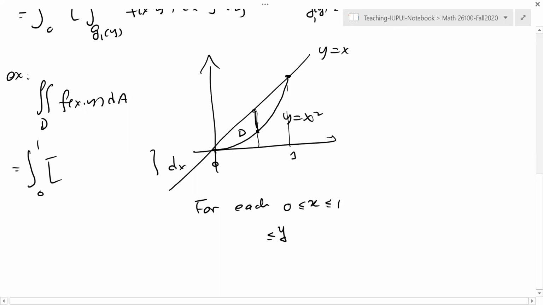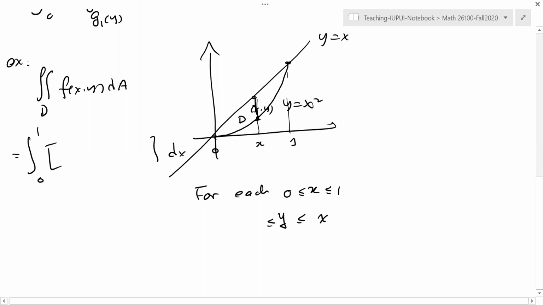You cannot just set up an iterated integral without looking at the picture. The upper bound for y is determined by the straight line. So when x is fixed, the upper bound for y is x. The bounds must depend on x. The lower bound is x squared, because this is from the parabola.